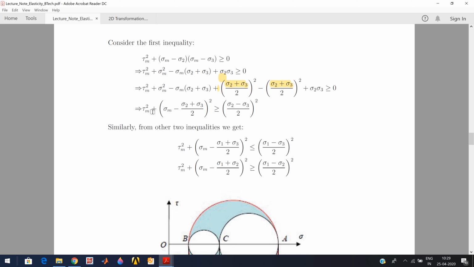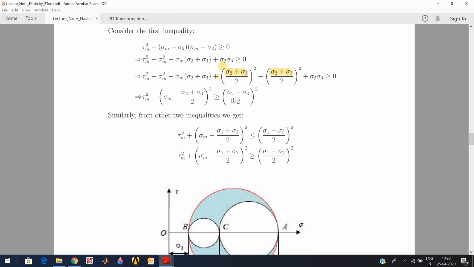Sigma 2 minus sigma 3 by 2 will be the radius, and sigma 2 plus sigma 3 by 2 will be the center of this circle, and the points tau m and sigma m will be outside or on the periphery of the circle.